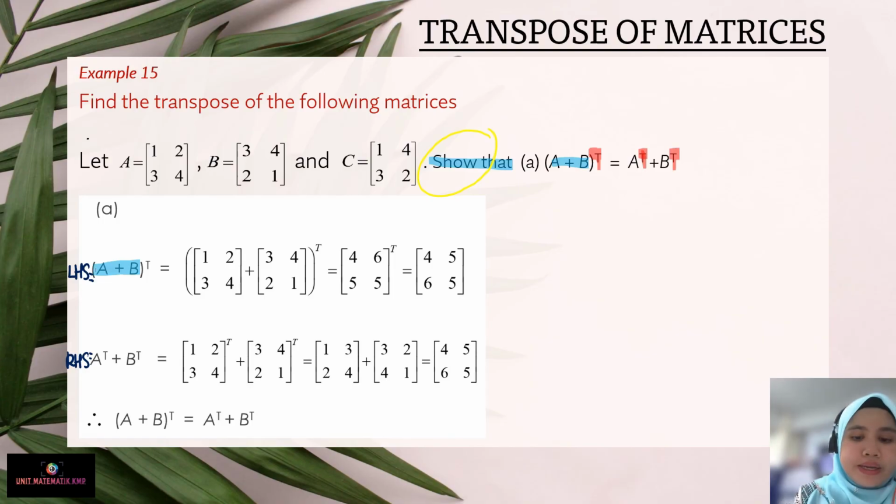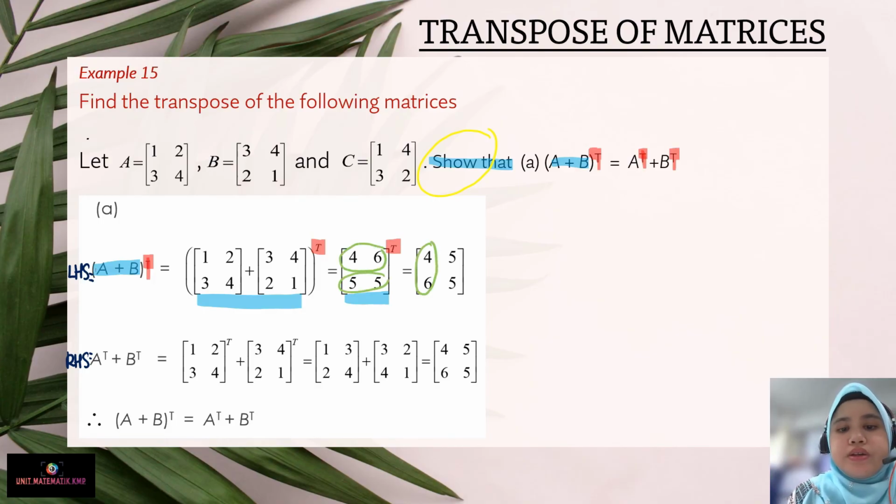When you have a bracket here, that means you need to add first. We add matrices A and B and you get this before we transpose. When you transpose, you change this into this. And when you are done with the transpose, don't ever write the T again.